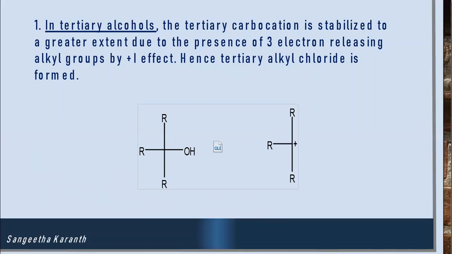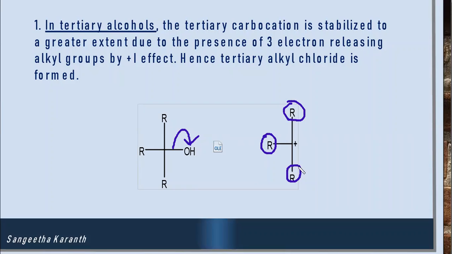All this is attributed to the formation of carbocation. We know that in the tertiary alcohol, if this bond is broken, this carbon will get a positive charge, or in other words, we get a carbocation. The carbocation that is formed here is tertiary carbocation. Tertiary carbocation is stabilized by 3 R groups. We know that the R groups or the alkyl groups are electron releasing in nature, or they have plus I effect.